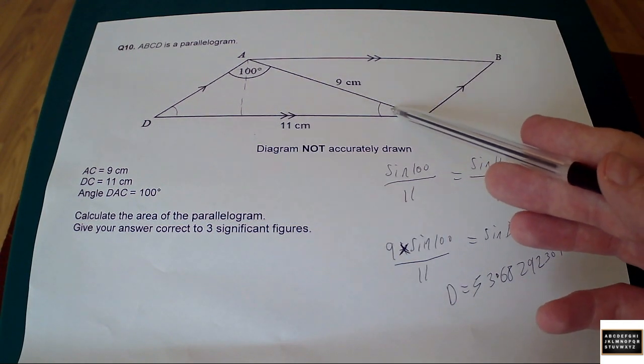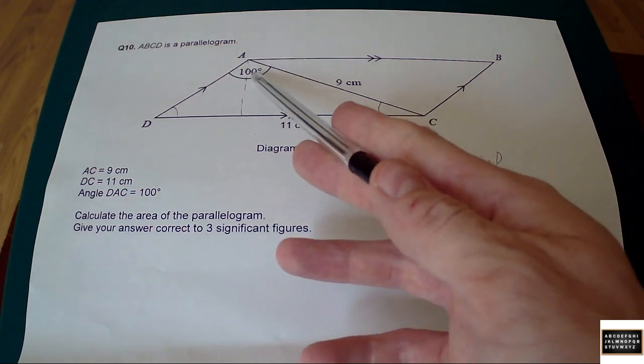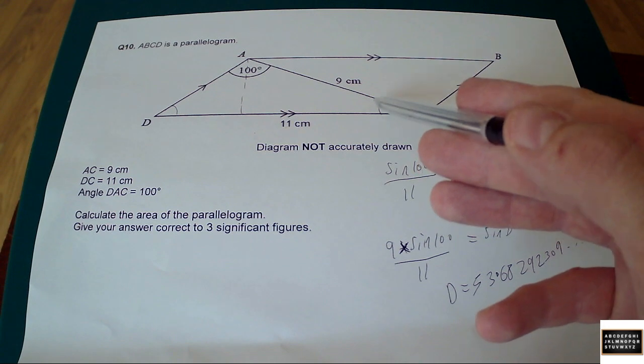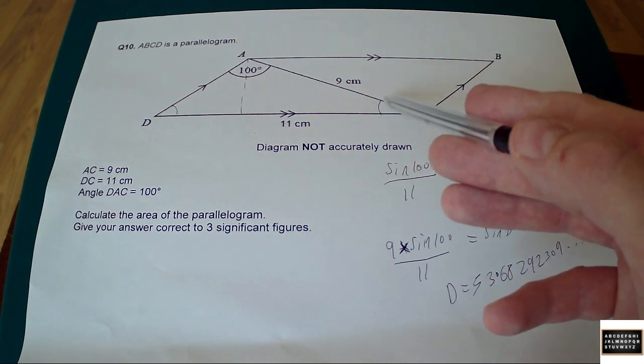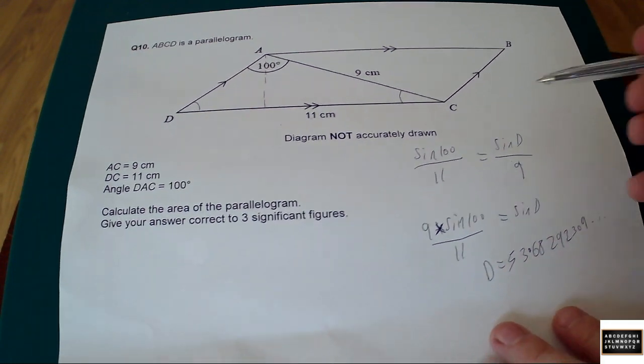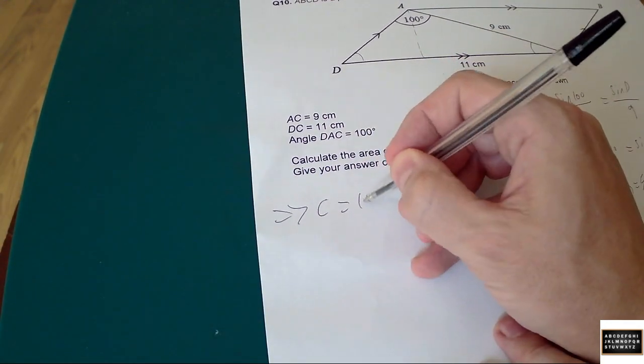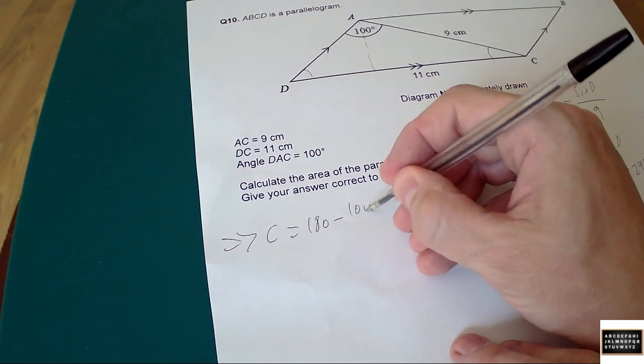So how do we work this out? It's very straightforward, isn't it? Because we've got 100 here, we've got 53 point something there. These three add up to 180. So we're going to use the fact that they all add up to 180 to work out this angle in the corner at C. So I'm going to show the examiner I'm doing that.